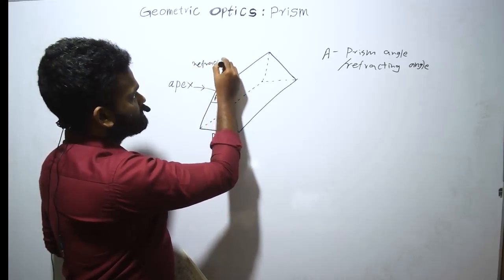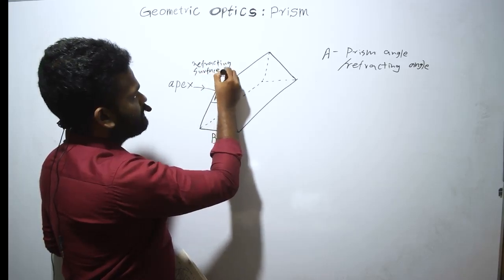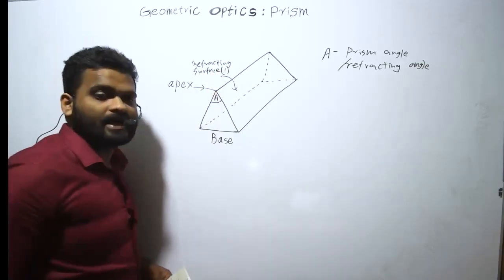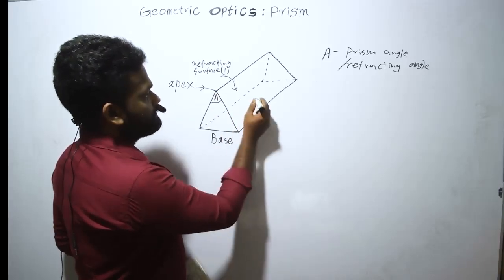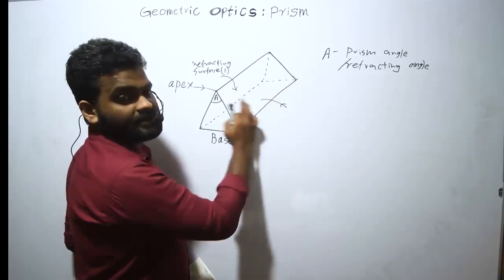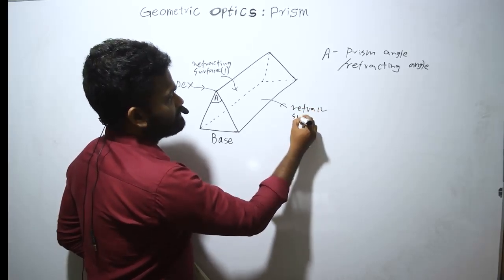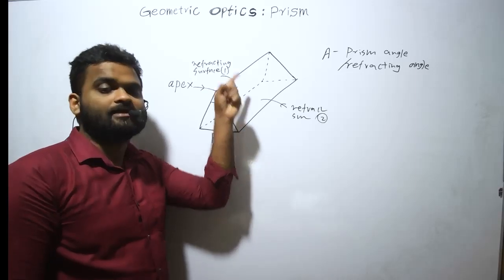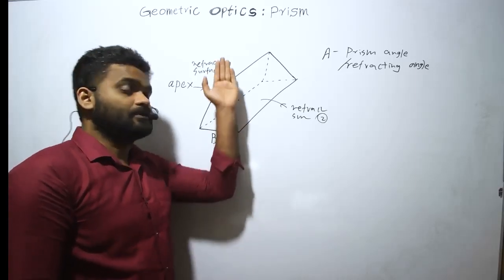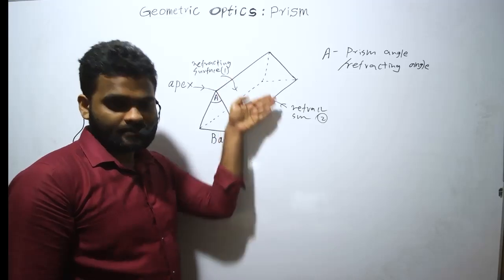We call it the first refracting surface. Then the light refracts from this surface as well. We can name it refracting surface 2, right? The first refraction happens at this surface that is behind, and the second refraction happens on this surface.